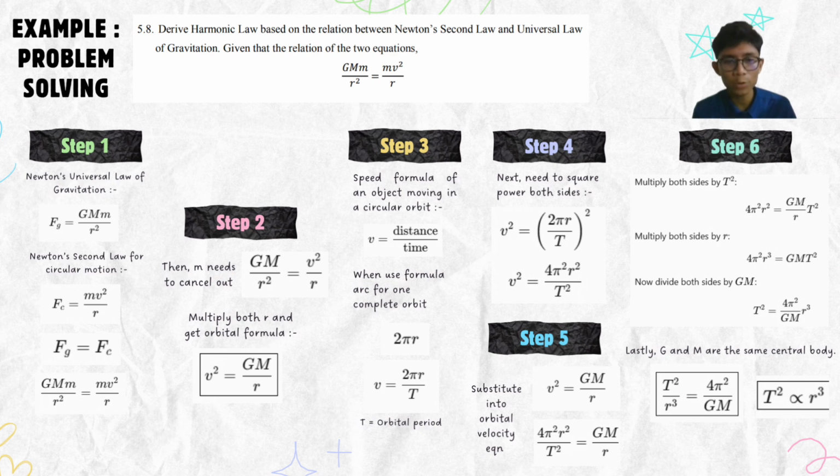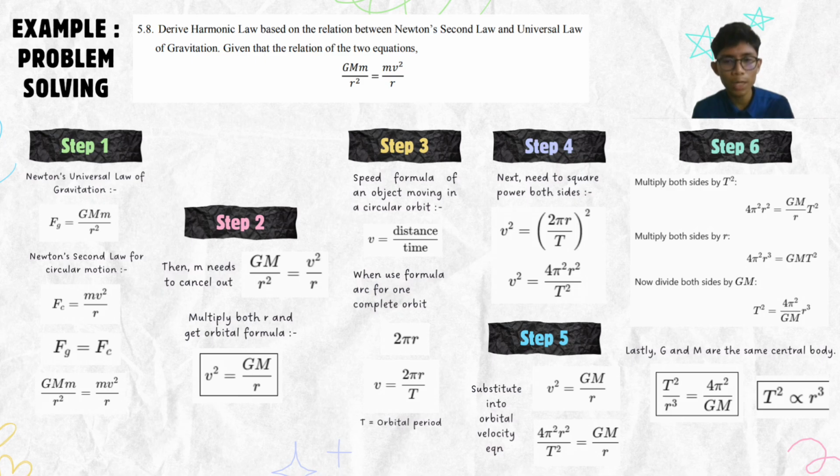Next, for step 2, we cancel the mass of the orbiting object, m, from both sides. This gives us v squared equals G M over r. For step 3, we use the equation for orbital speed. Since one complete orbit is the circumference of a circle, the distance traveled is 2 pi r.